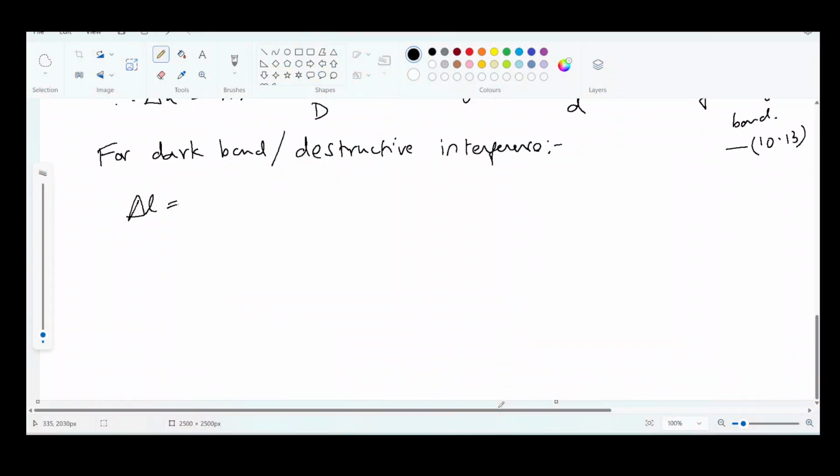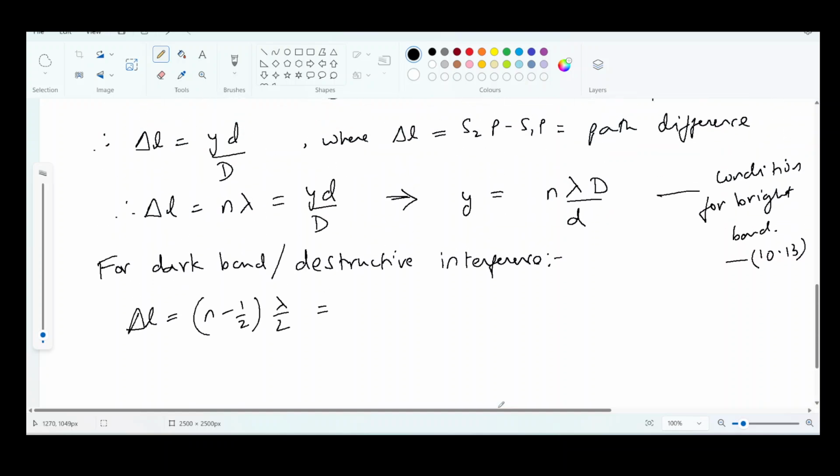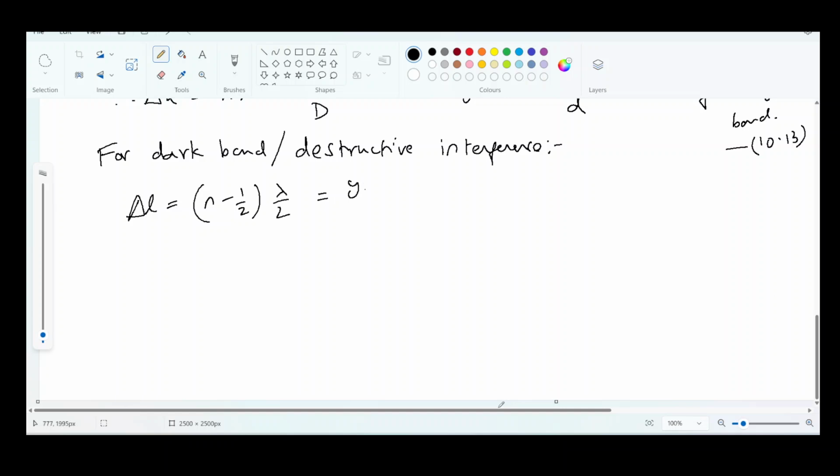Delta L is equal to n minus 1 by 2, lambda, which is nothing but we have proved it to be y small d by D. Okay. So isolating y, I get lambda D by d like this, and n minus 1 by 2.